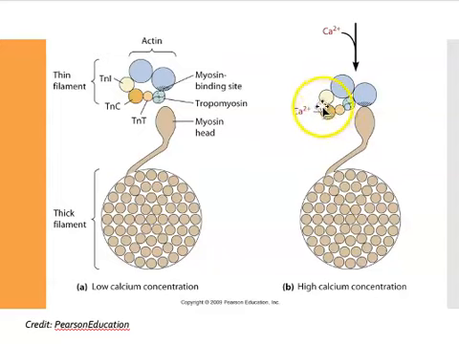And as it shifts in its shape, it's pulling or pushing, depending on how you want to think about it. It's having an effect on the tropomyosin that it's attached to. So the TNC changes shape, the whole troponin changes shape, and it removes the tropomyosin, the licorice stick, away from the binding site. Now the heads can bind as long as there's ATP around.